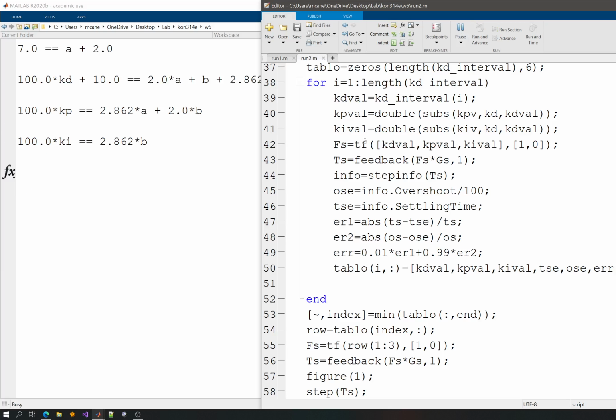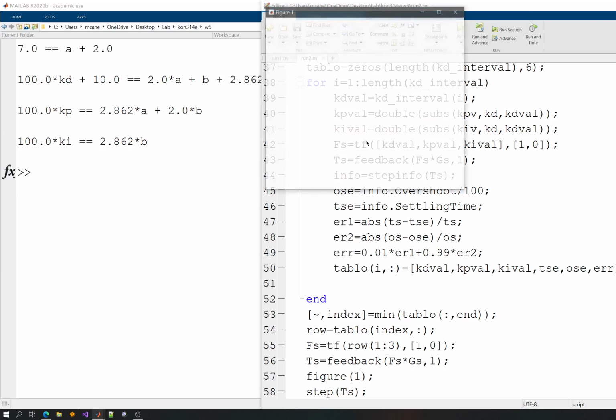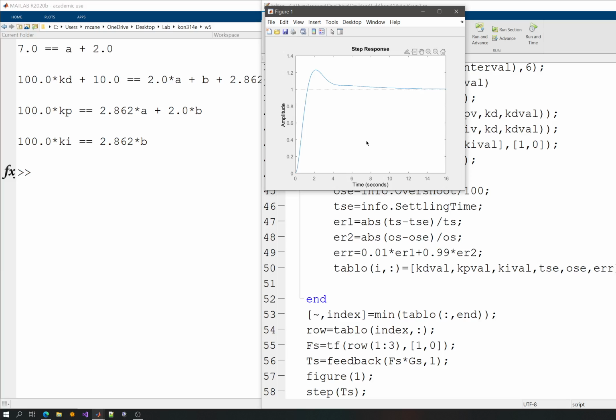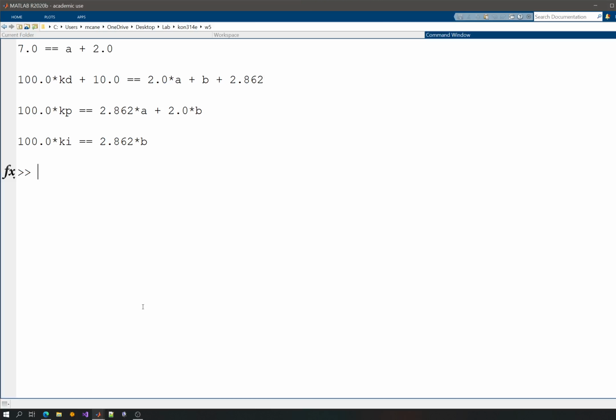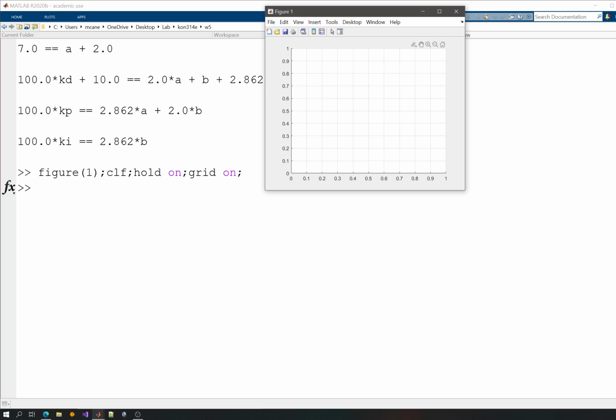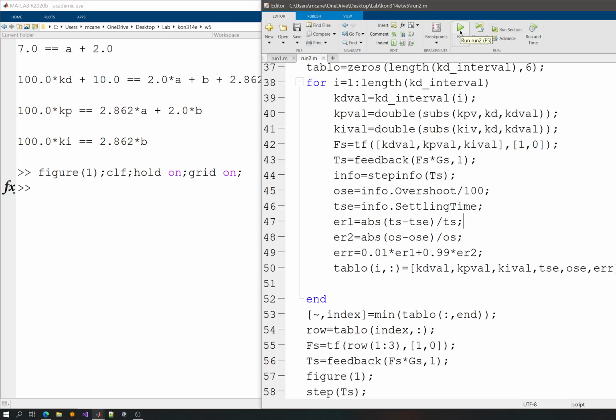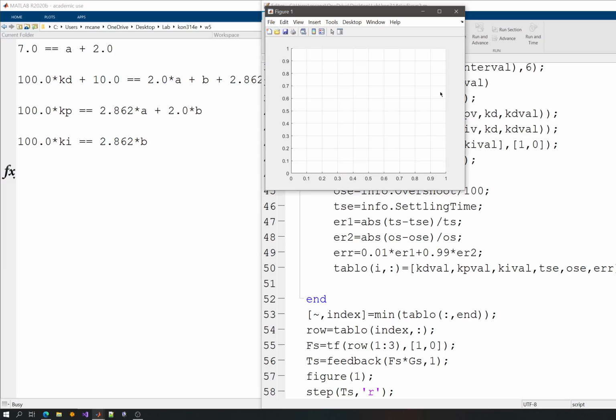Let's try that. It is also possible to narrow down so that you have sort of ideal solutions. It is also possible to, let's say, do something like this. I can say figure 1, clear figure, hold on, grid on, something like this. And once I've cleared that, I might solve for this, and I can say that this is red, as far as I remember.